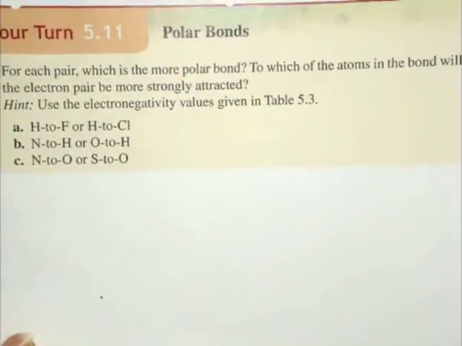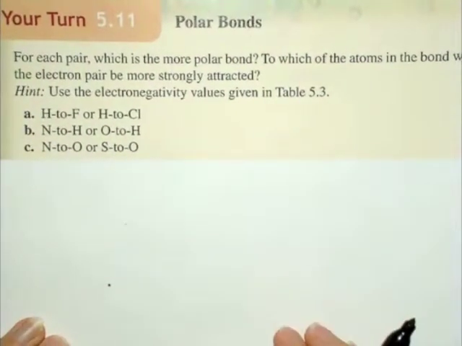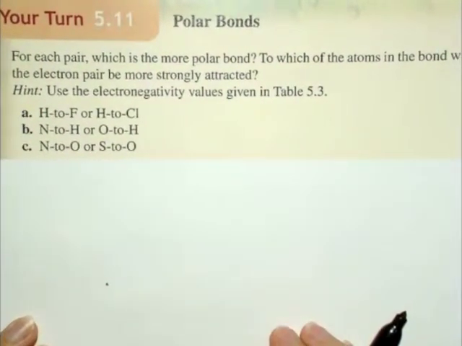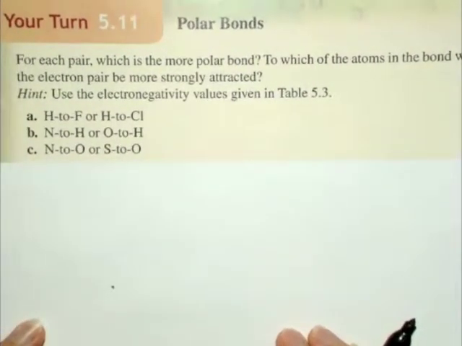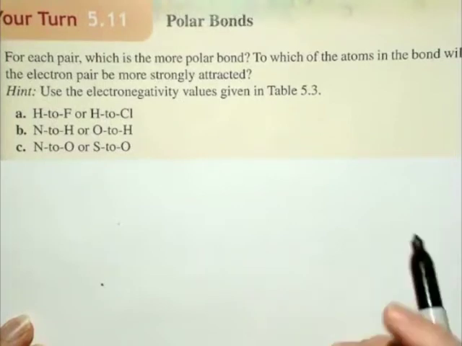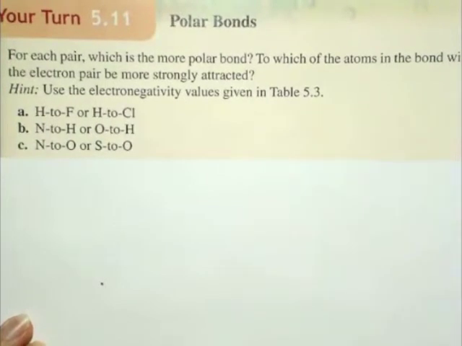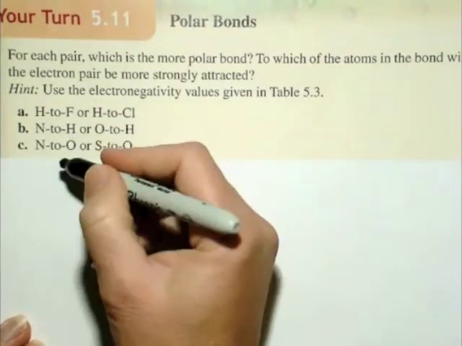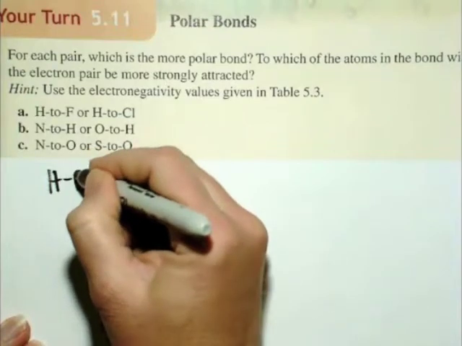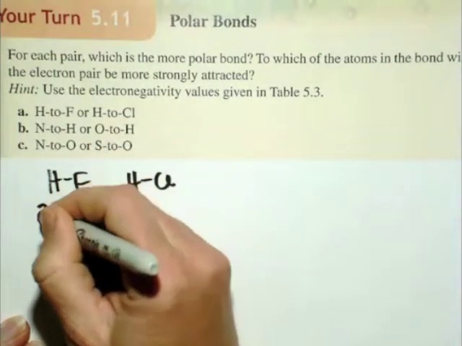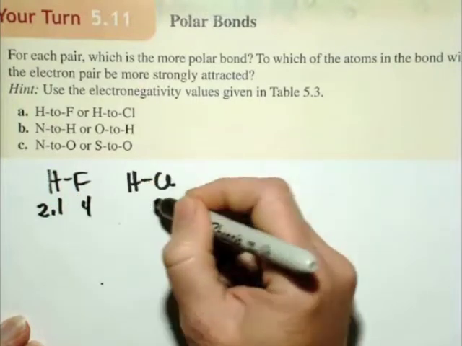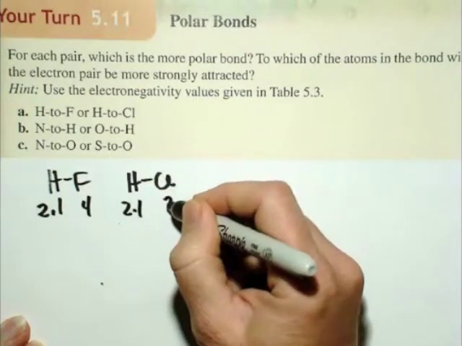Okay, so practice here for a second. Your turn. For each pair, which is the more polar bond? To which of the atoms in the bond will the electron pair be more strongly attracted? Okay, and so they tell you to use the electronegativity table. And so looking at each one of these, HF compared to HCl, the electronegativity value for hydrogen is 2.1, fluorine is 4, and for chlorine 3.